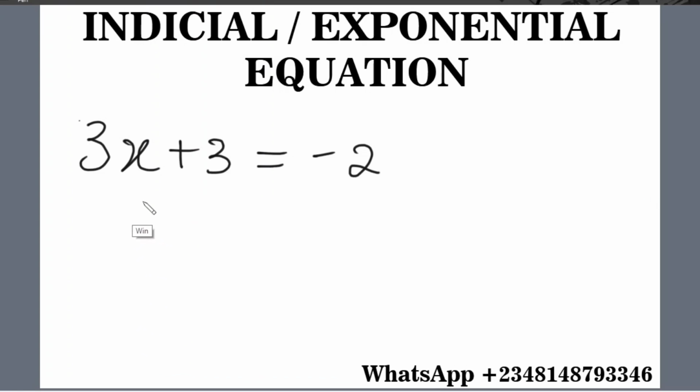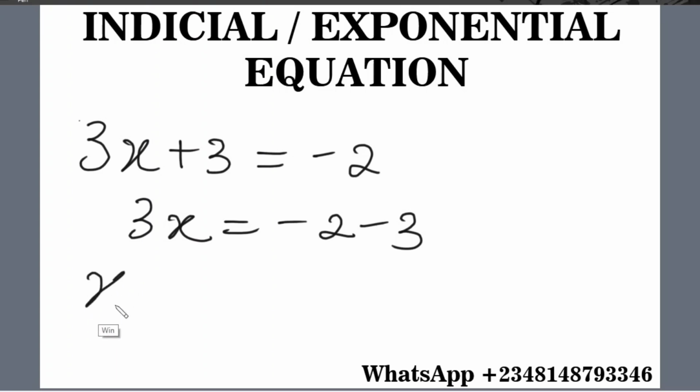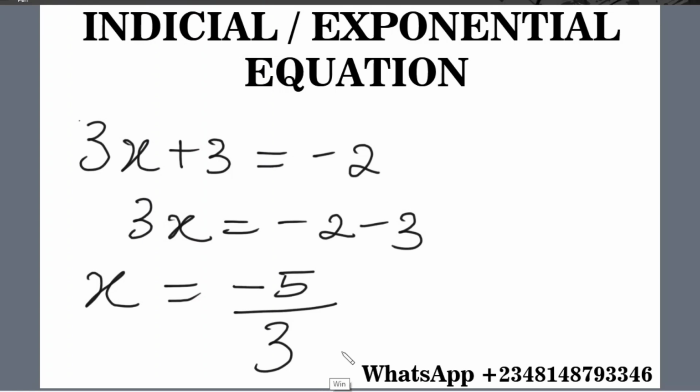So we have 3x equals negative 2, and you carry 3 to the other side to give you negative 3. So let's make x the subject of the formula. We have x equals negative 2 minus 3, which gives us negative 5 all over 3. So this is our answer.